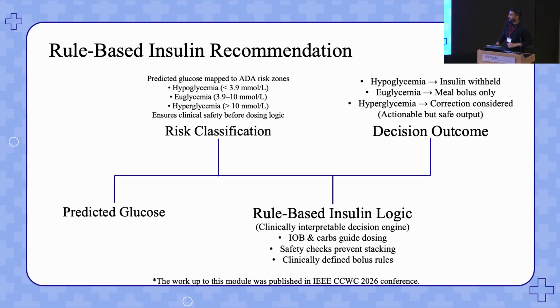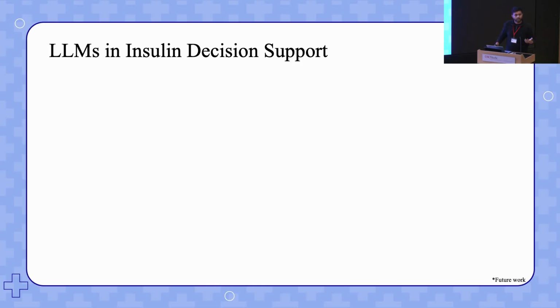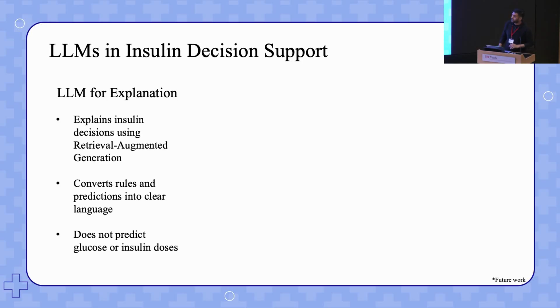Now, let me explain the final layer of our work, which is an LLM that explains the decision. We are using retrieval augmented generation for explanation. Let me give you an example. When the user asks a question, why am I being shown a 3.4 dose recommendation, our LLM will use our system prompt, the user question, and the medical knowledge base that we have created.